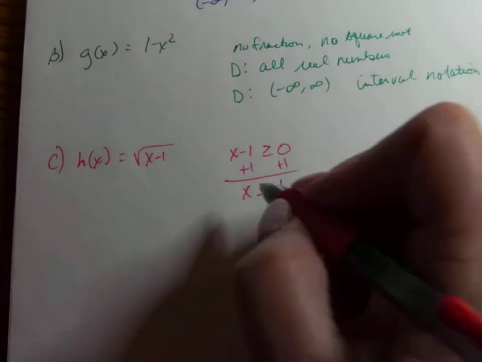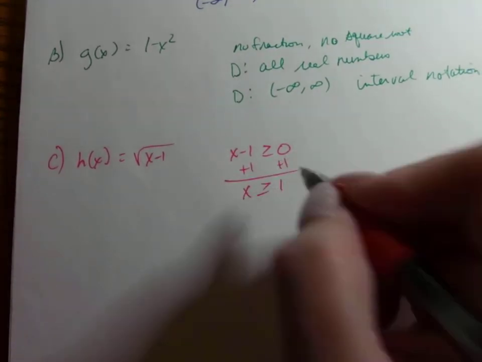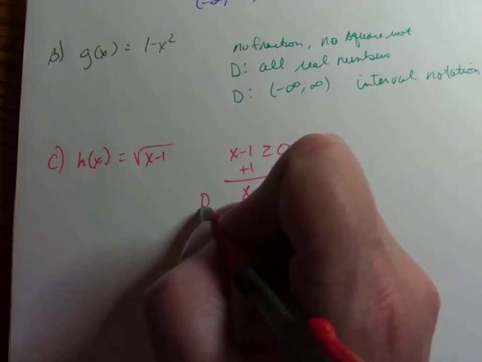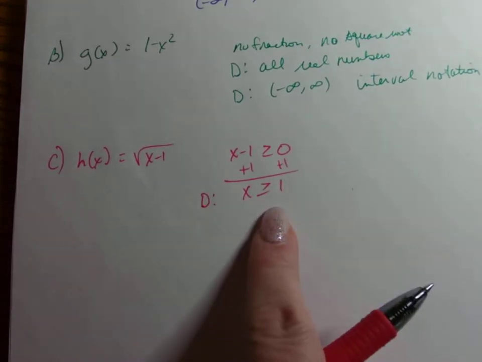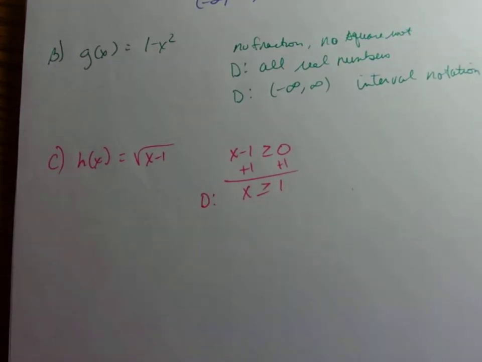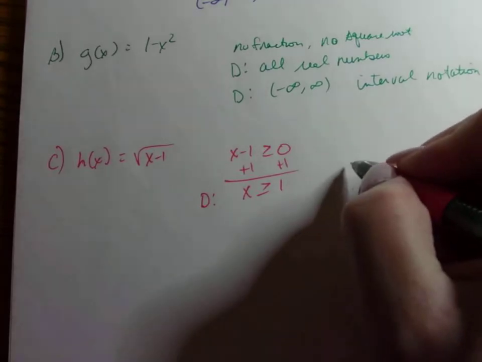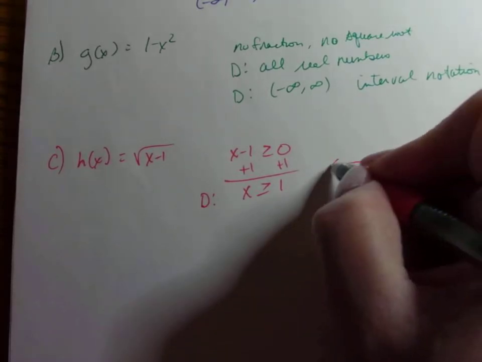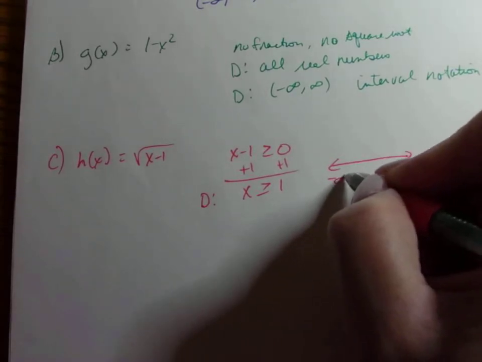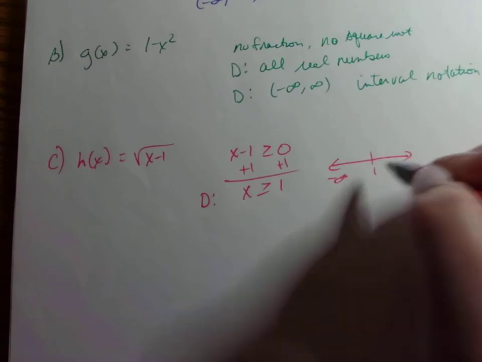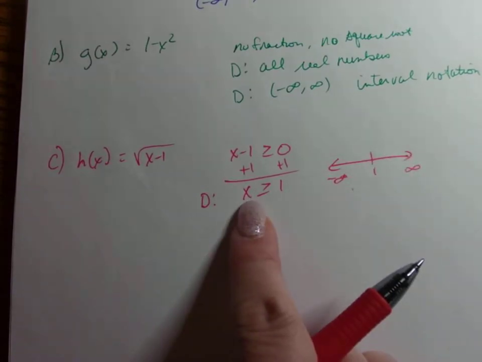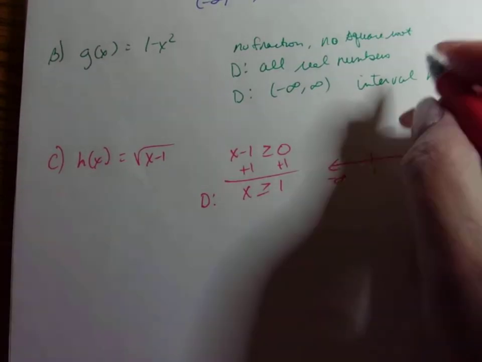So for the domain, they're just looking for this. That would be your domain part right there, x greater than or equal to 1. If you're doing interval notation, again, I'm going to do the graph because I find it easier that way. I put the 1, it's greater than, so it's going to the right.